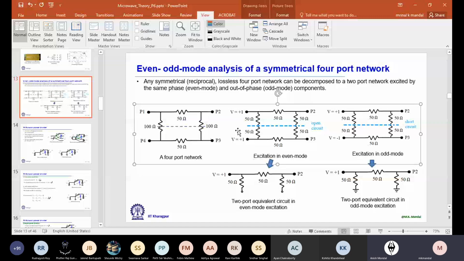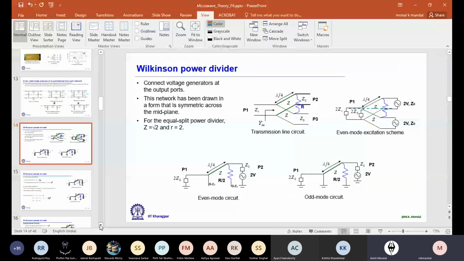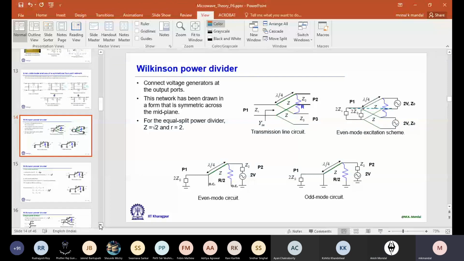Sir, so how do we solve it? We solved the two port equations twice. Yes. And then how do we add the parameters? How are the ABCD parameters or S parameters combined? You see, actually, you cannot directly add ABCD or S parameters. So you have to use some concept.